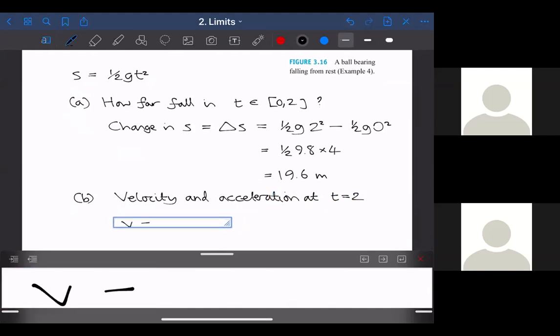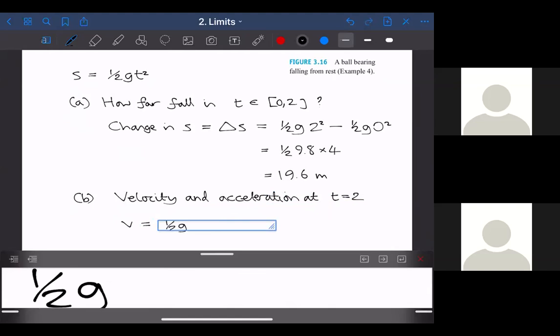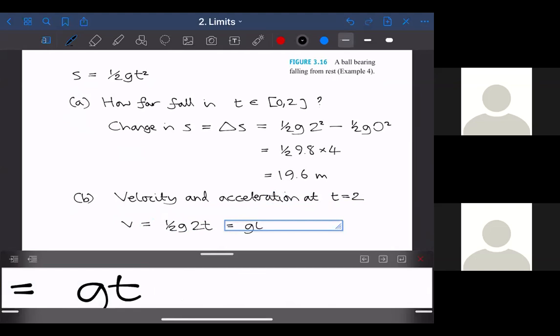Well, the velocity is the derivative of s. So that's, well, let's write it out, half g times 2t, the derivative of t squared. So it's gt.